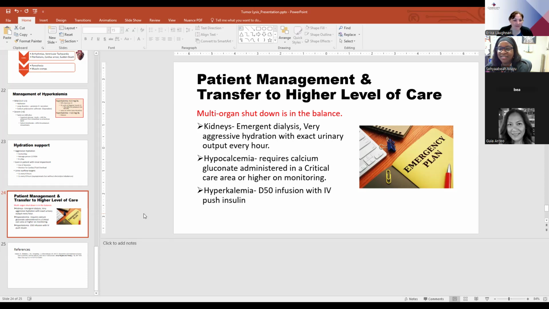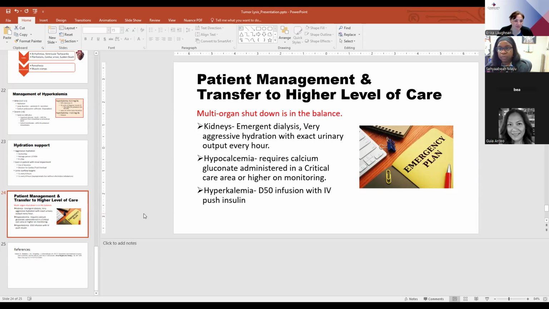For hyperkalemia, we've been getting a lot of orders for D50 and IV push of insulin. And we've done it too many times on our floor. Doctors don't want to move the patient. They're okay, they monitor. I think we do a lot of things on our floor that supposedly should be done on other floors, but then our hospitalists are not ordering patients to be transferred.